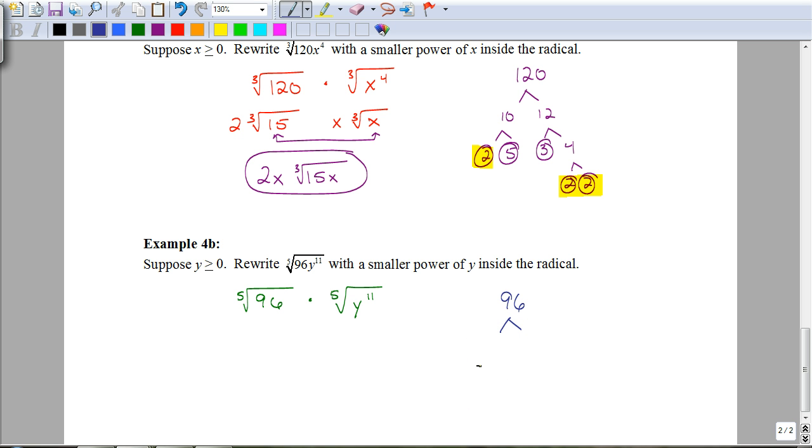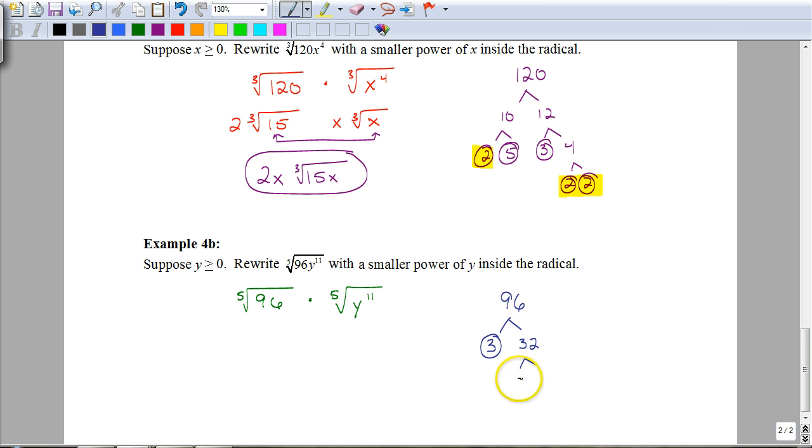Now, 96, you may know, well, it's an even number, so 2 works, but sometimes that can be a little harder to do in your head without a calculator, because again, all of these problems you're going to have to do without a calculator. 9 and 6 are both divisible by 3, so I'm going to use 3. So now when I do that, 3 goes into 9 3 times, and 3 goes into 6 2 times. So 3 times 32 would be 96, and 3 is a prime number. 32 is not prime, so I have to continue with that.